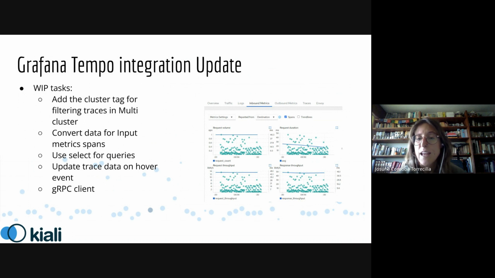This is because in the case of Tempo, the traces are returned in OpenTelemetry format, so we need to convert certain fields so that Kiali can use them, because it still manages the traces in Jaeger format.